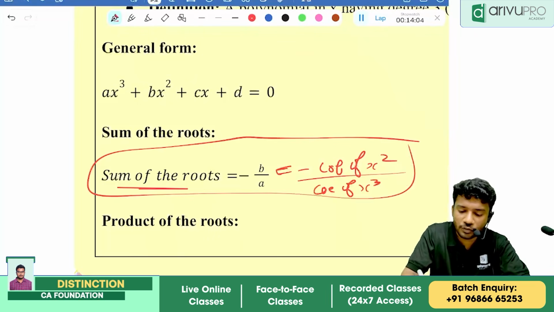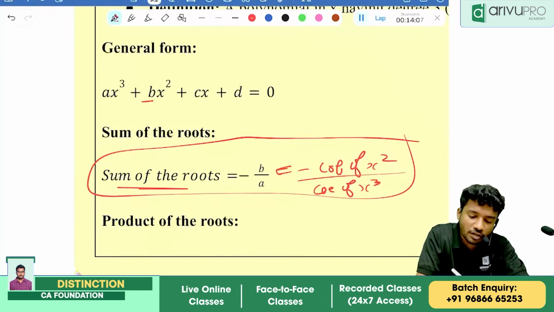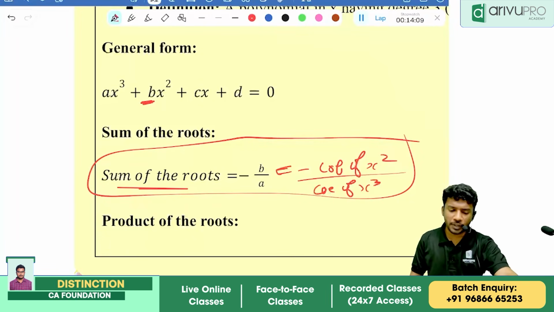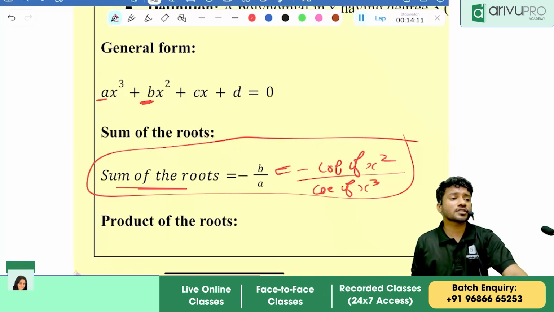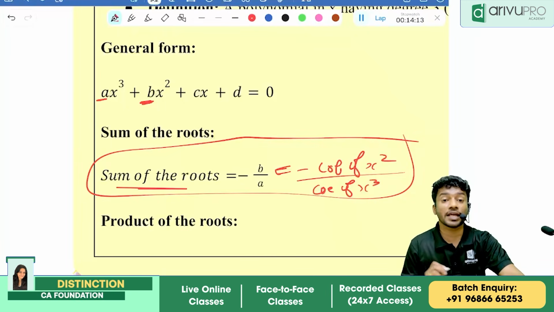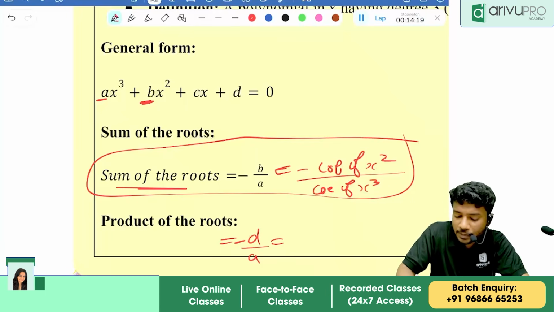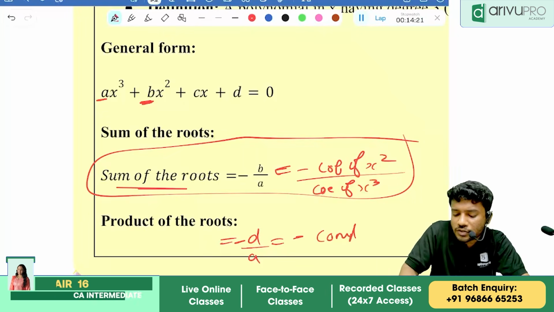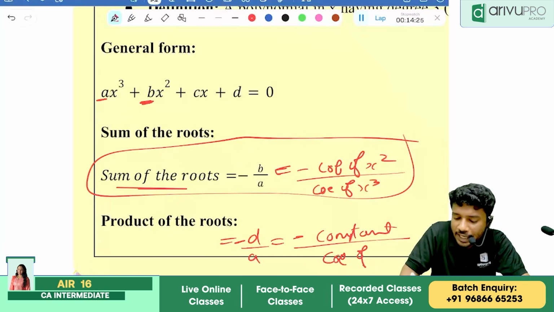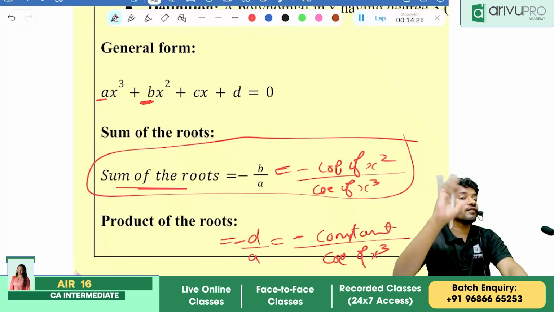Sum of the roots is minus b divided by a, where a is the coefficient of x cube. Then the product of the roots is nothing but d by a, or rather minus d by a, that is, minus the constant term divided by the coefficient of x cube. This is the way we are going to solve.